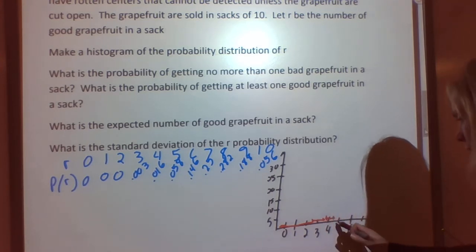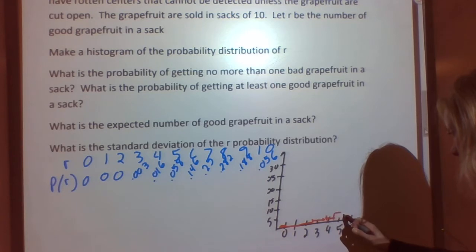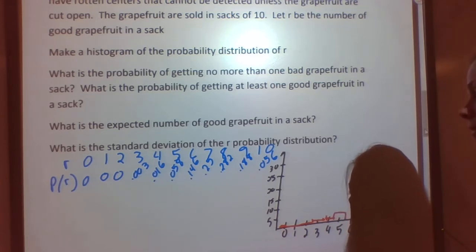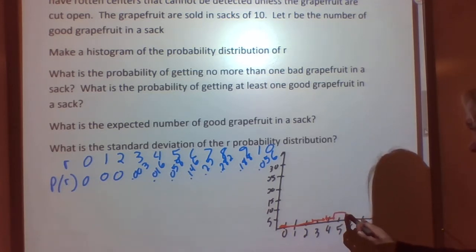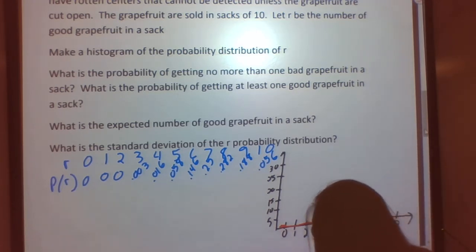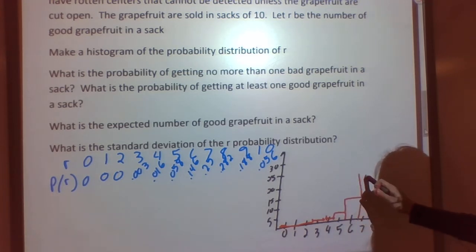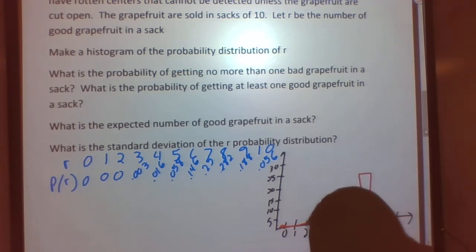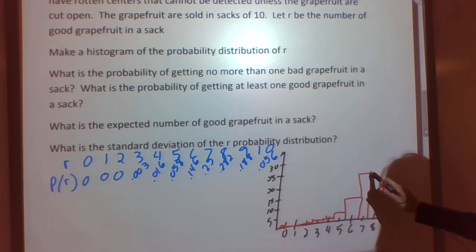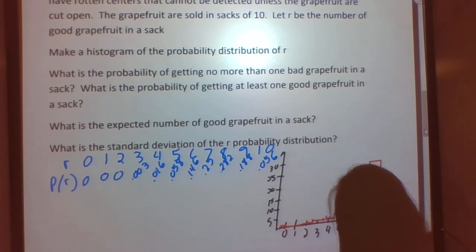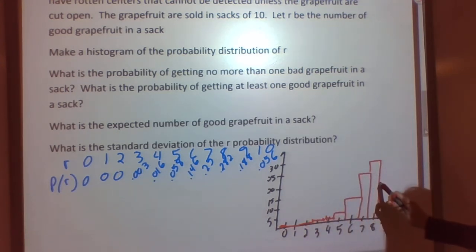Finally, 5 is 5.8, so that finally we get a little bit more there. 6 is 14.6. 7 is 25. 8 is 28.2. And then we start going back down. 9 is 18.8. And 10 is 5.6.